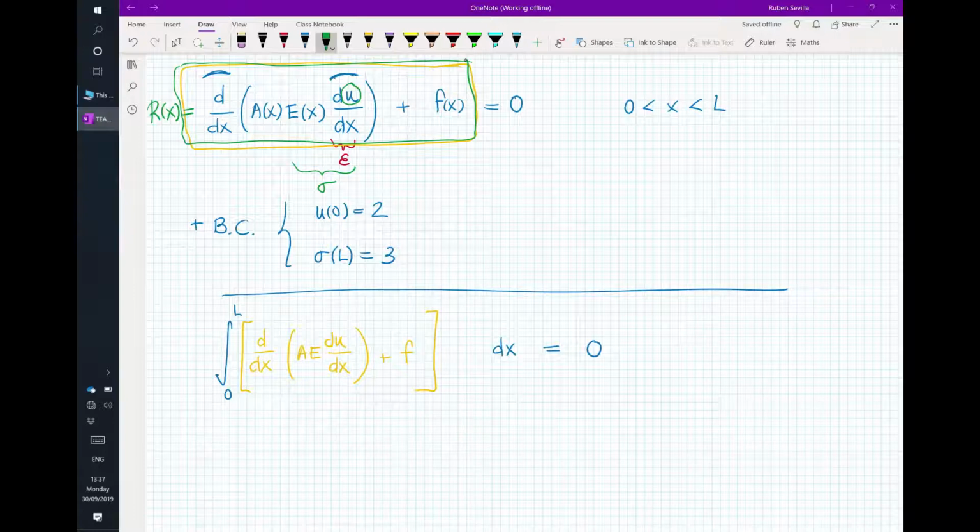By putting an integral, I'm saying, wow, the one on the top is too difficult. To have equilibrium at every single point of the bar is very difficult. But if I put the integral, I'm asking for something different. I'm asking for equilibrium on average. That's where the integral is coming from. So I can have a residual.